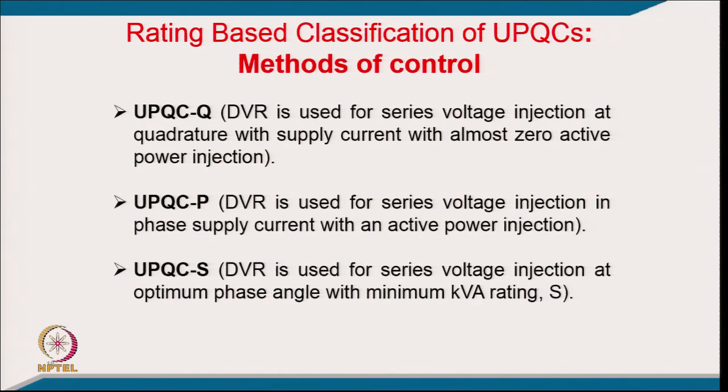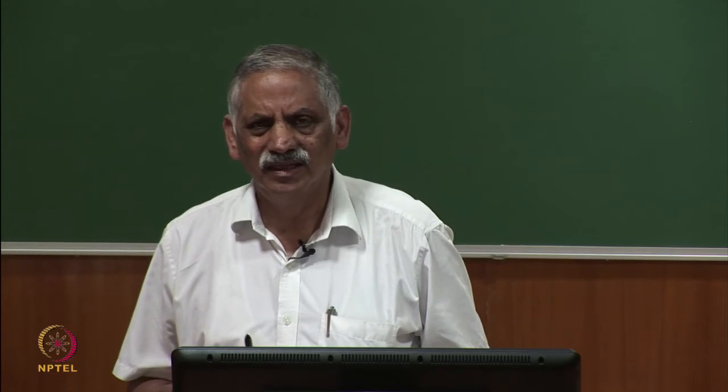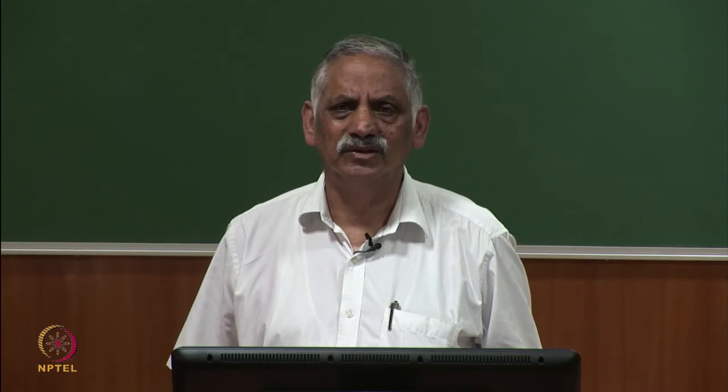Another is UPQC-S, which is a very versatile combination. The DVR is used for series voltage injection at an optimum phase angle with minimum kVA rating. So there may be many criteria for which you would like to use UPQC-S. You may want a minimum VA rating, or you may want to inject the voltage in series at a particular angle.